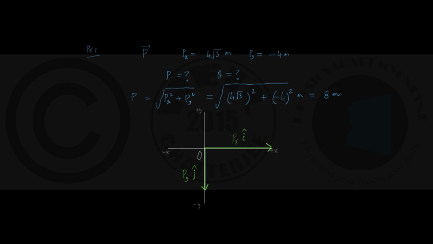So what we have to do is complete that rectangle where px and py are the two component vectors, and draw the resultant of px and py, which is this red arrow. Now this one is of course my P vector.